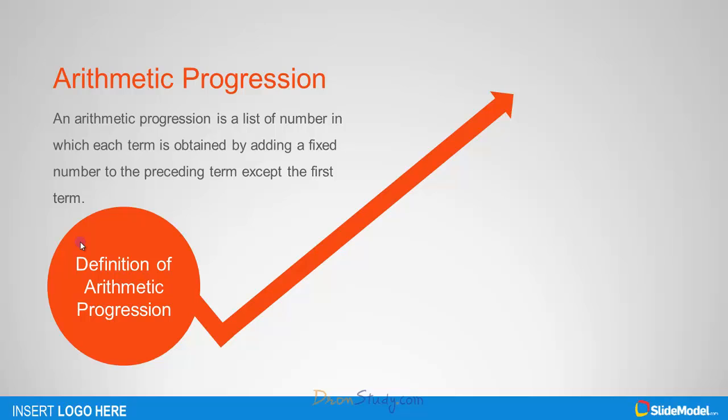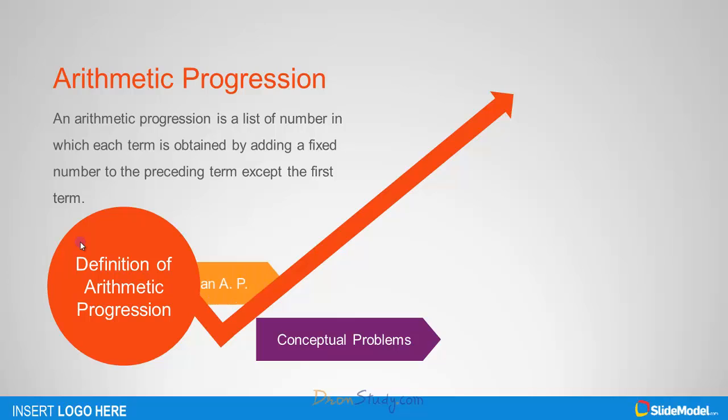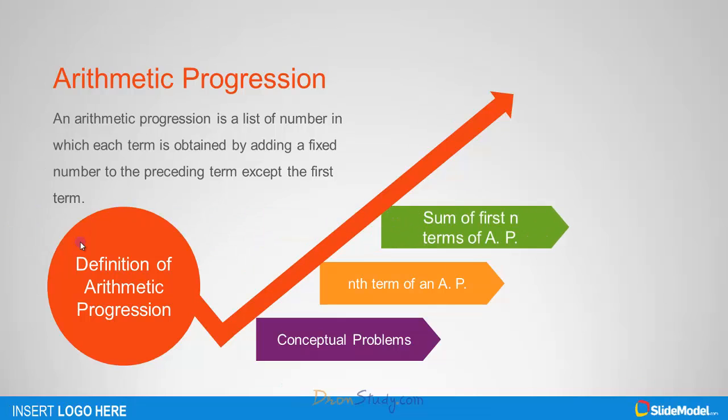So here, the first topic that we will learn will be the conceptual problems, how to solve the conceptual problem. Second, how to find the nth term of an AP. Then the third step will be the sum of first n terms of AP.